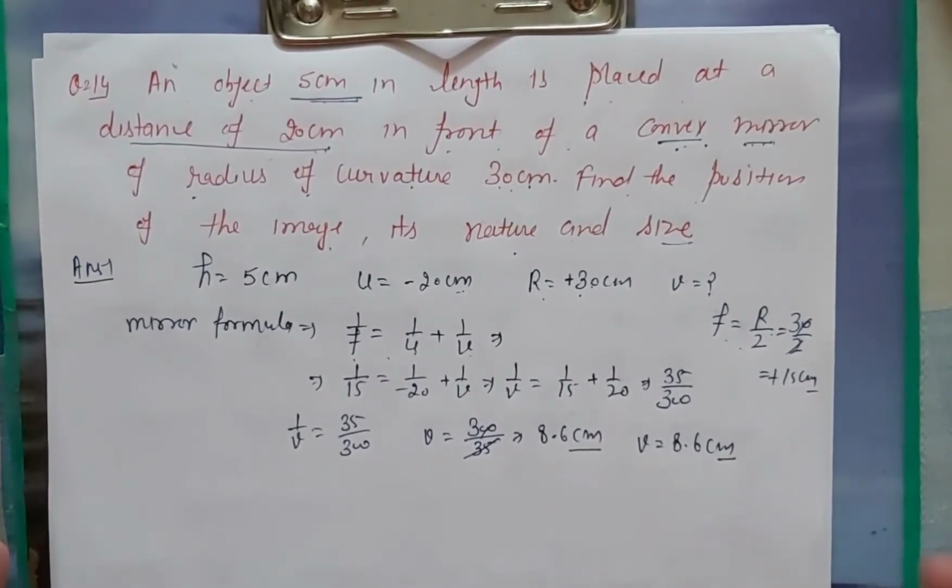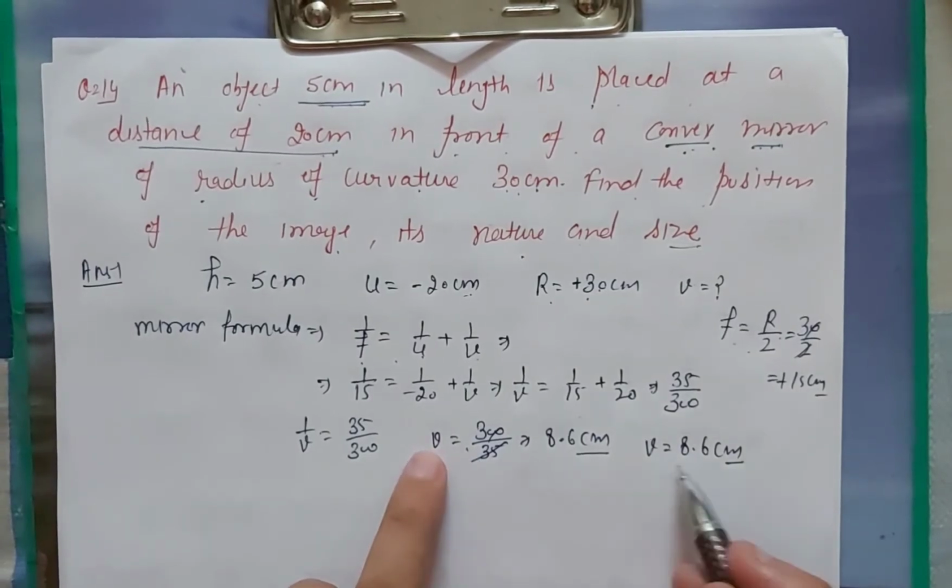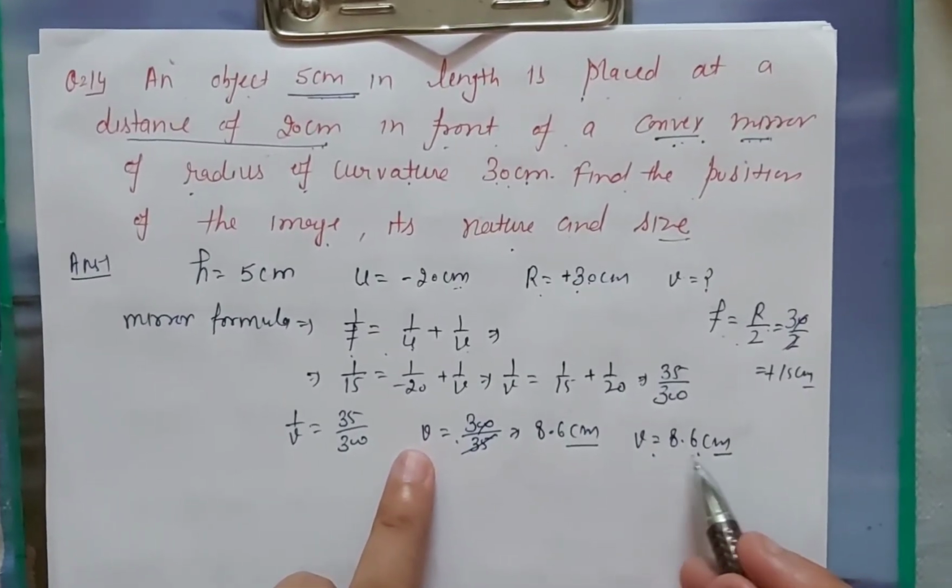Now, as we know, the v value is positive. What is the meaning of the positive?